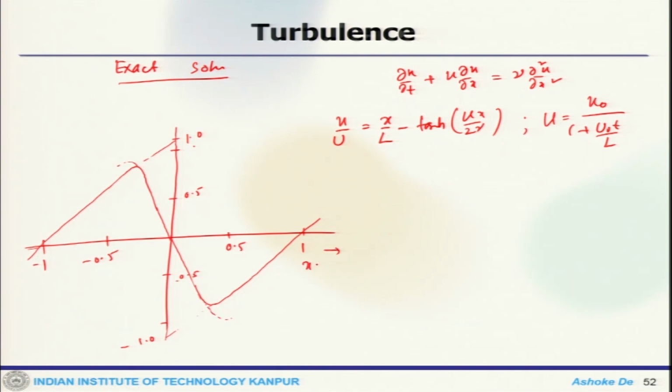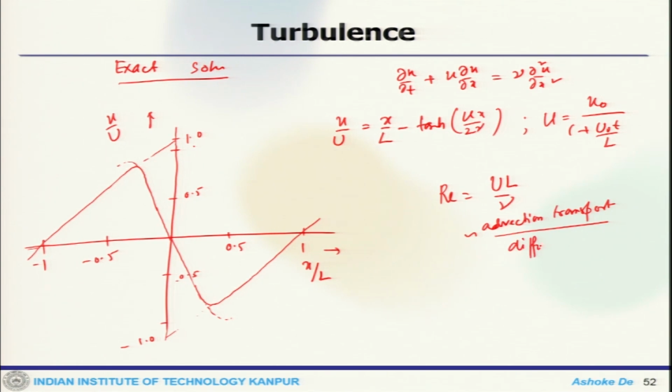So, this is my axis x by L, this is my u by capital U. So, the velocity scale U and length scale L will get me the Reynolds number U L by nu, which is nothing but my advection transport to diffusion. So, that is what we get. So, that is an exact solution, and this is a simple system, one can just take some points and recreate this plot in MATLAB.